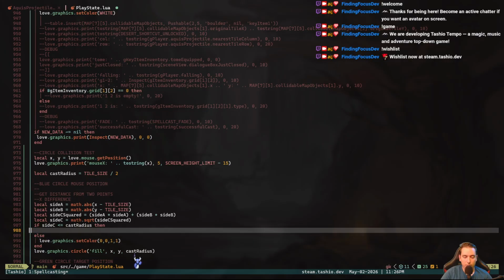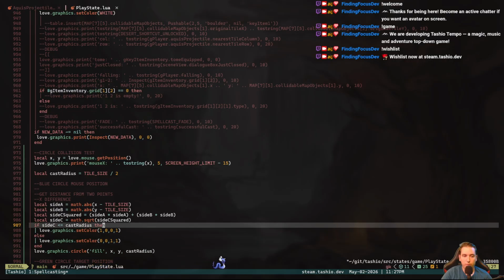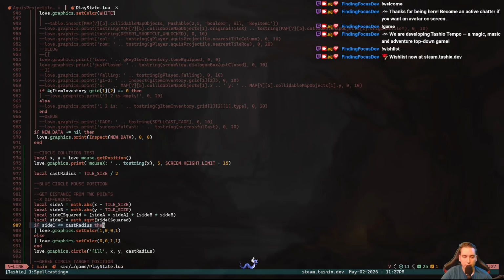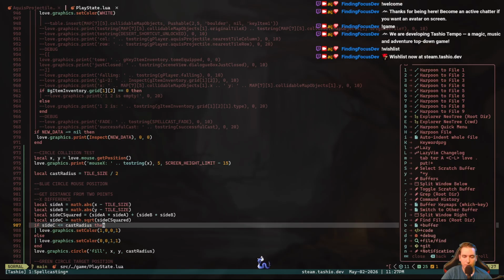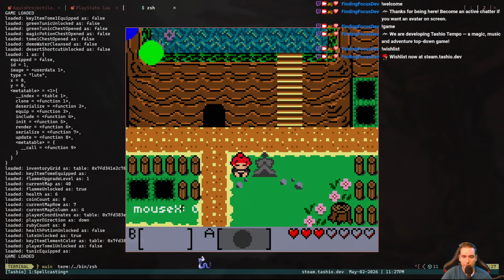So if we're colliding here, we're going to turn this to red. Otherwise, blue for the circle. So all we're doing is checking that distance of the center points, and making sure that is smaller than the cast radius, which depends on the level equipped, right?